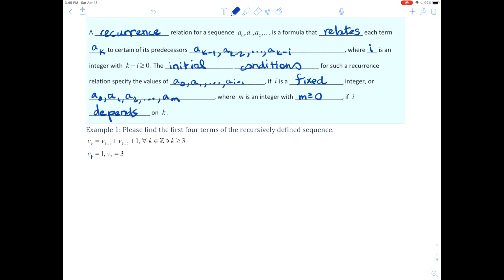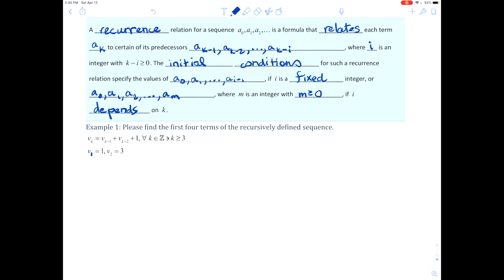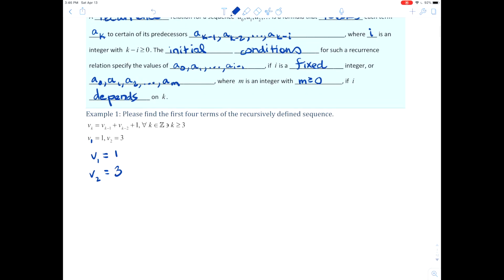All right, so we need to find the first 4 terms of the recursively defined sequence. So here we go. We know V1 and V2, right? So that's easy. We've got the first 2 terms. So let's put that in. V1 is 1 and V2 is 3. Now let's work on V3 and V4.